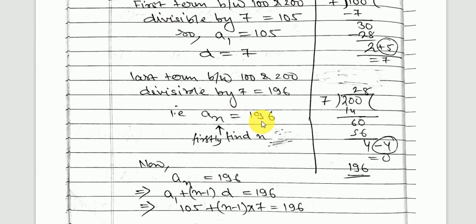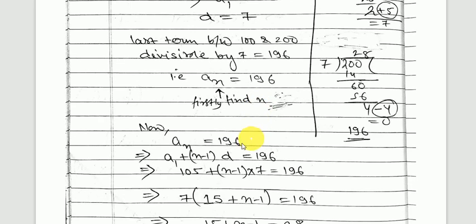We got the last term, but still we don't know how many terms there are between 100 and 200 which are divisible by 7. But I know the last term, so I will take this as the nth term. So an is equal to 196. Then a1 plus (n minus 1) into d is equal to 196.